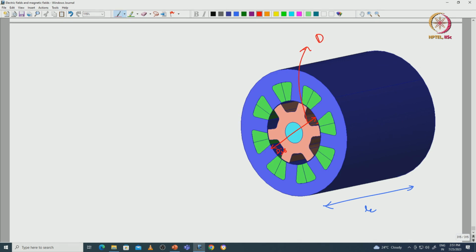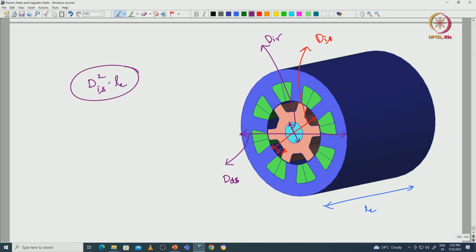This value is D_IS, inner diameter of the stator, and this is inner diameter of the rotor, and outer diameter of the stator will be this. So, the volume product is nothing but D_IS square into L_E. This volume product we have to find with respect to the required or given power rating.